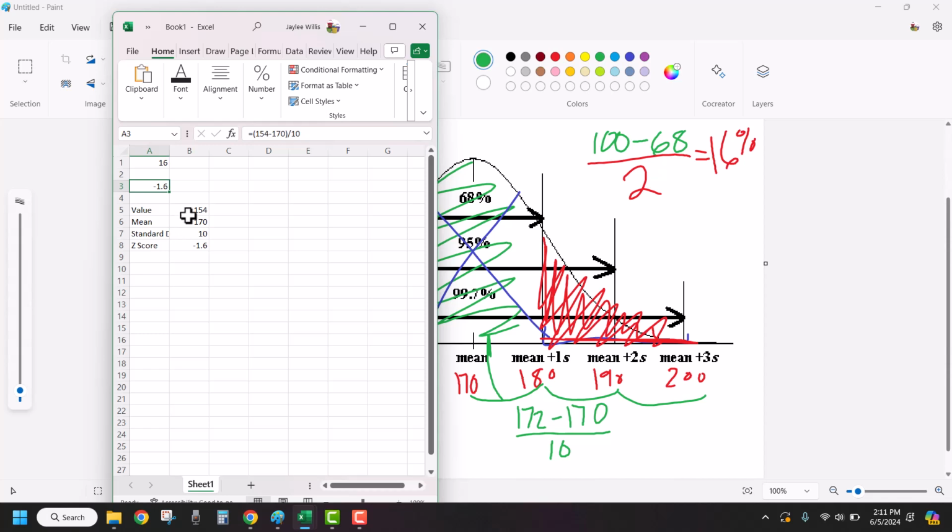But the benefit of using Excel in this way is you can use the same formula for a different problem. So let's say you moved on to a new problem on your test, and this time it was looking at, I don't know, the average trunk length of elephants or something like that. Maybe the average length of an elephant's trunk is, I don't know, 40 inches.